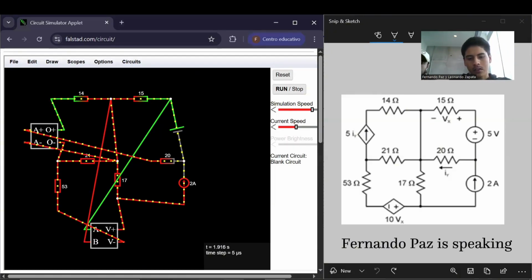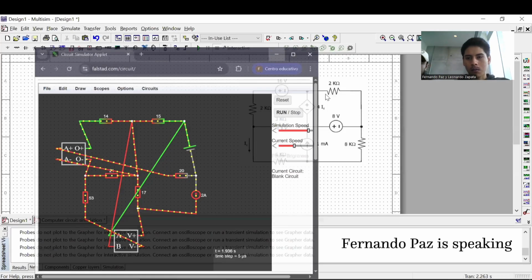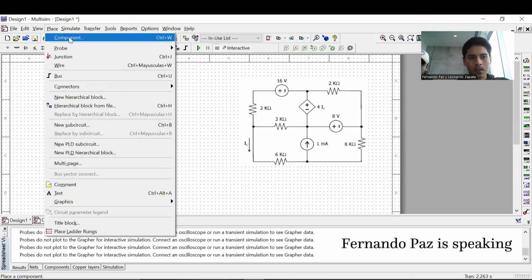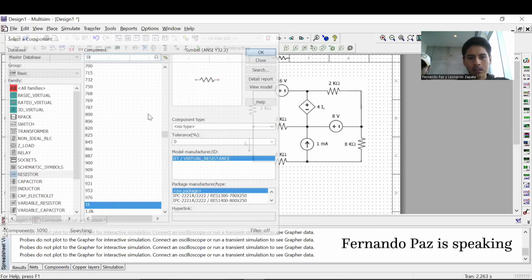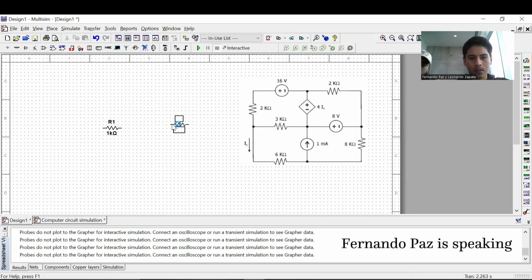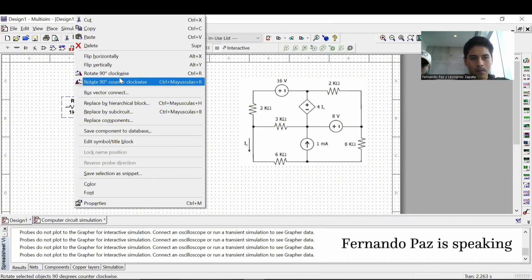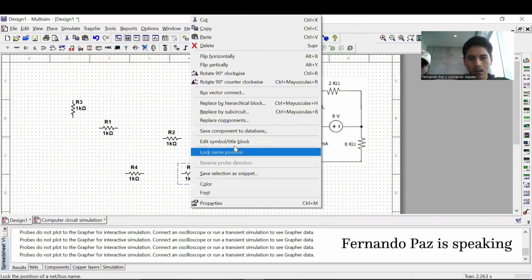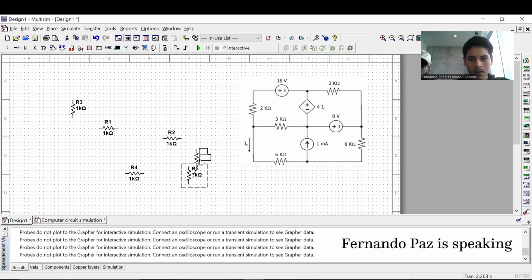Now I'm going to solve the second circuit using the Multisim simulator. First, I'm going to place all the resistances. There are 5 resistances, here and here.